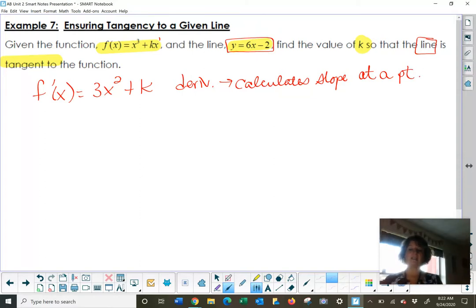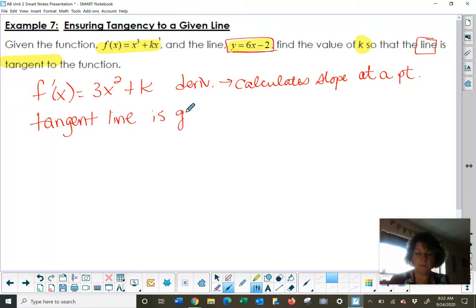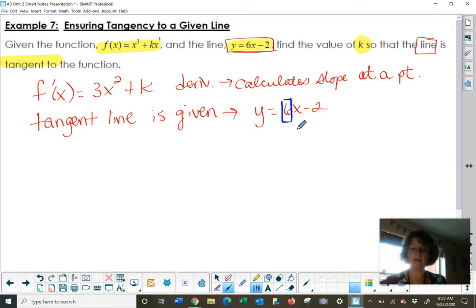So they're asking us to find that point, and we know the equation of the tangent line. The tangent line is given to us, and it is y equals 6x minus 2. If that is given to us, can I find the slope of the tangent line? Yes.